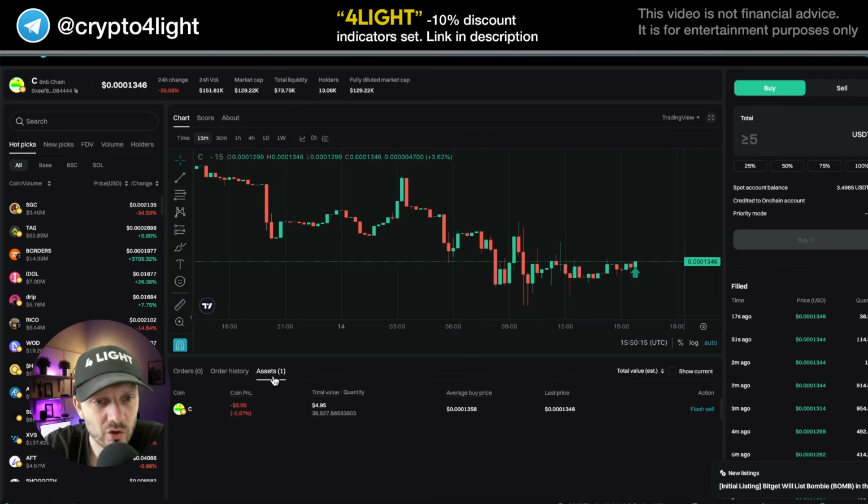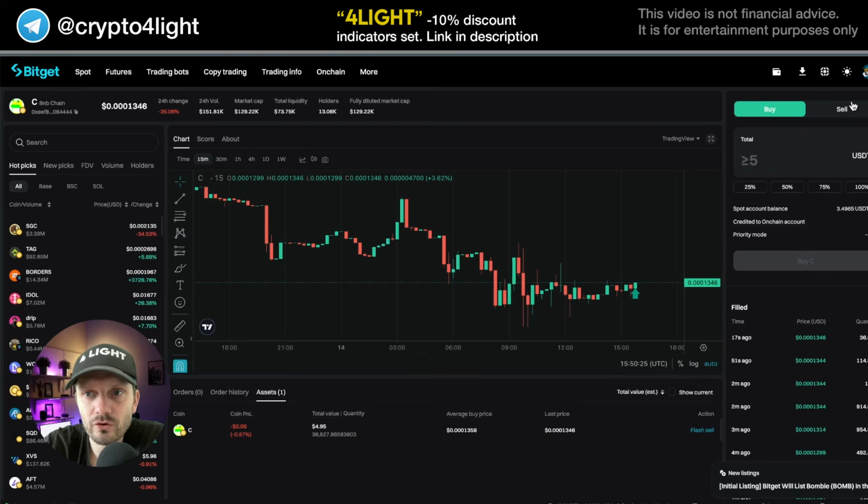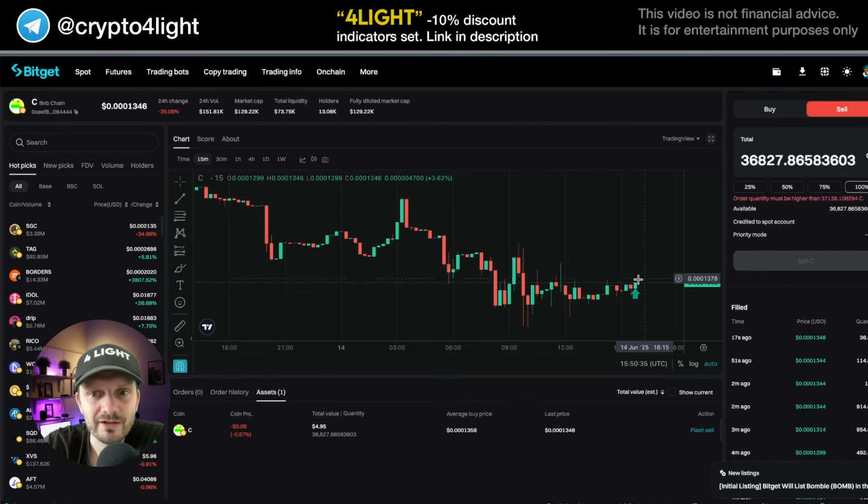And this is my holdings on Bitget on-chain. To sell it, you can press flash sell and sell it immediately, or choose sell, choose the amount of tokens you would like to sell, and press sell. But the order should be worth at least $5 minimum.